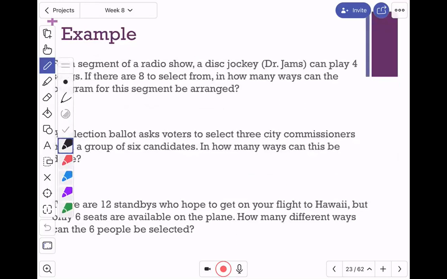Let me write out the formula again before we start this. We have nCr equals n factorial over r factorial times n minus r factorial. This one's a little bit different. I don't use blanks for combinations, which is why I remember the formula.